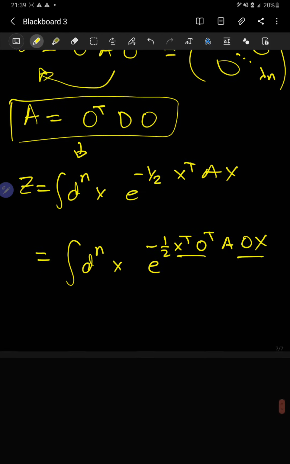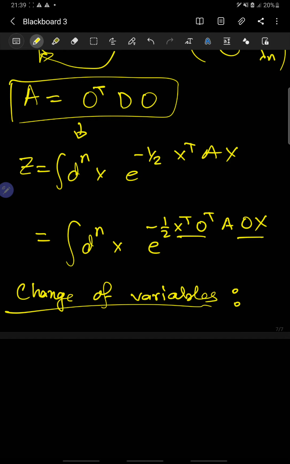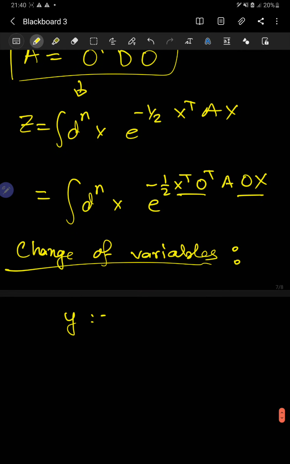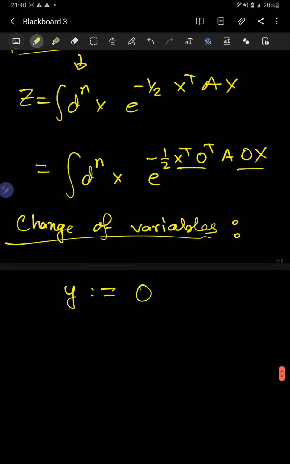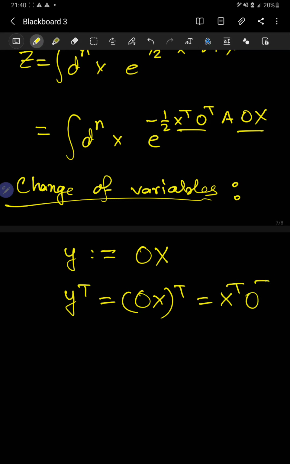So the idea is now we do a change of variables. We define a new variable y equals Ox, so y transpose would be (Ox) transpose, which is x transpose O transpose.